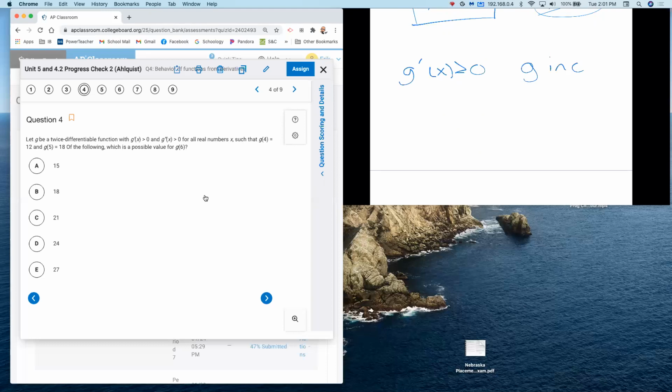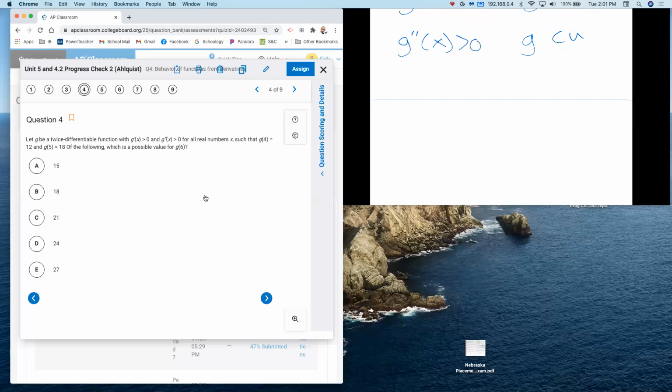Is everybody okay with that, according to the chart? I'll take your silence as understanding. And g double prime of x greater than 0 means g is concave up. So we have a graph that looks like this. We know g kind of looks like that on some level.